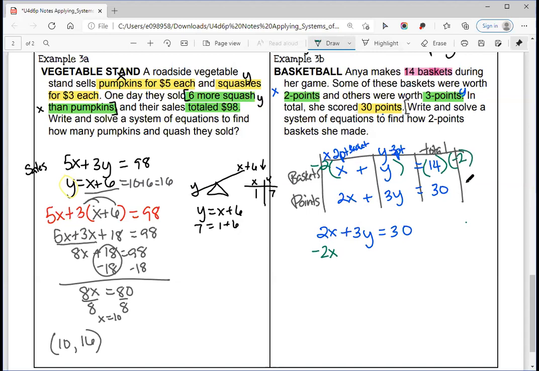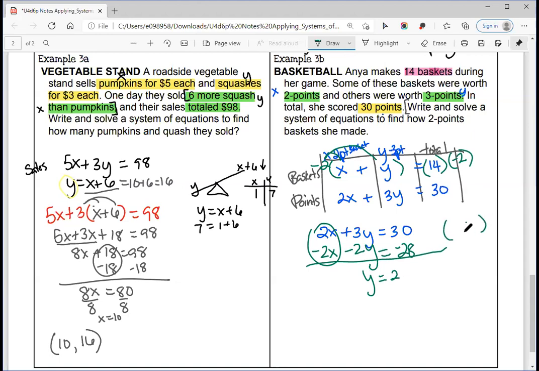So negative 2 times X is negative 2X. Negative 2 times Y is negative 2Y. And then negative 2 times 14 is negative 28. And then we're just going to do the elimination thing. So that zeroes out. We got 1y, and 30 minus 28 is 2. That wasn't too bad, right?